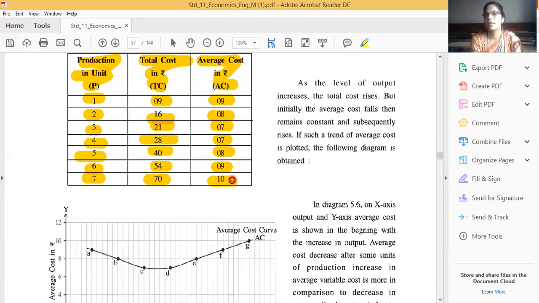As the level of output increases, the total cost rises. But initially the average cost falls, then remains constant and subsequently rises. If such a trend of average cost is plotted, this type of diagram we can get, OX and OY.